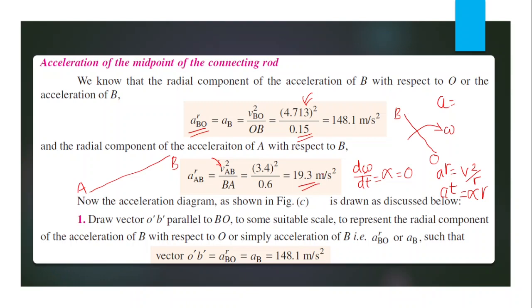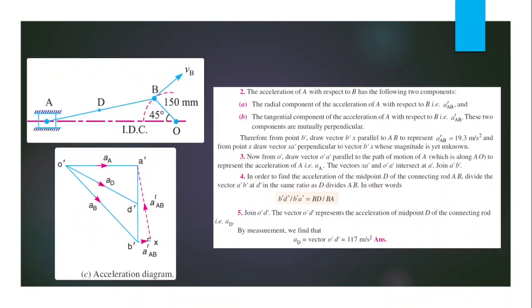Then we can draw the acceleration diagram like this. First, we fix the fixed point O, and in the acceleration diagram we represent that point as O dash.